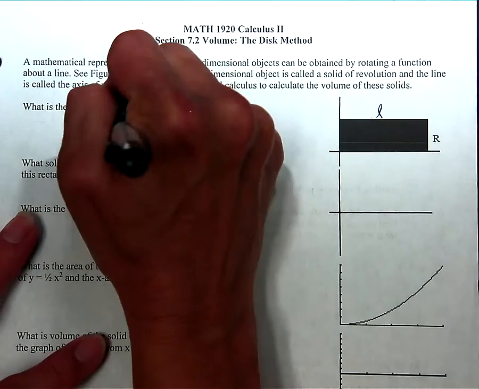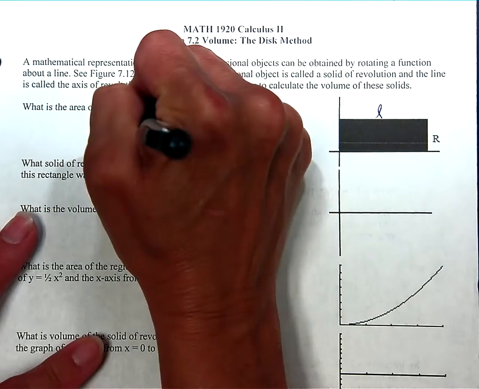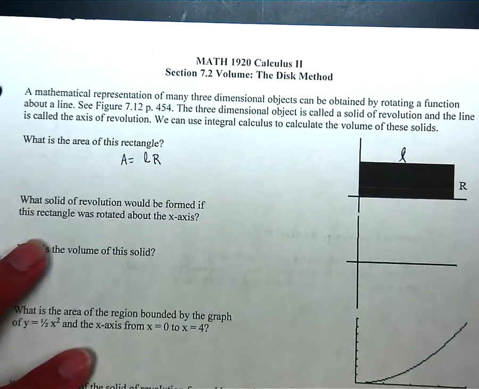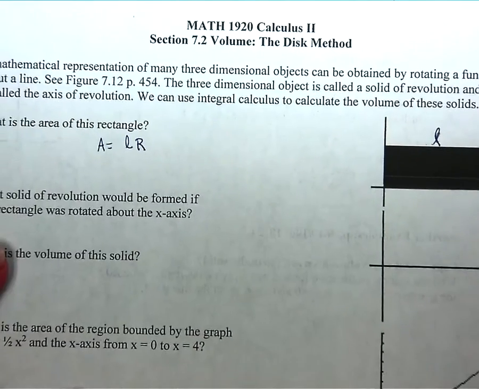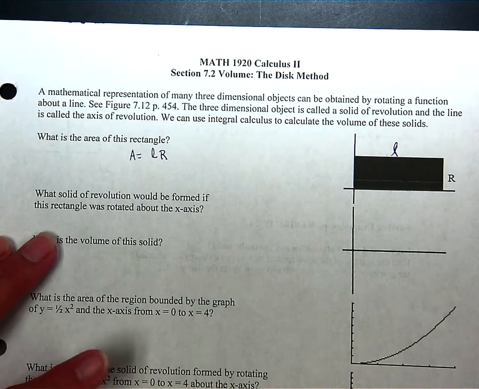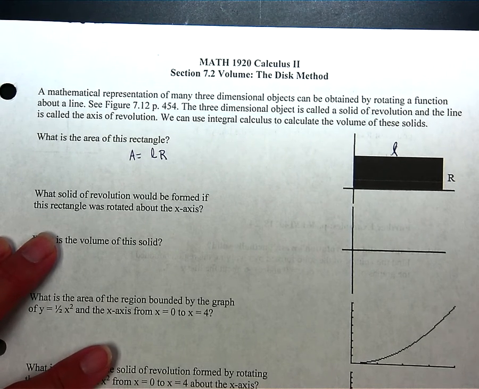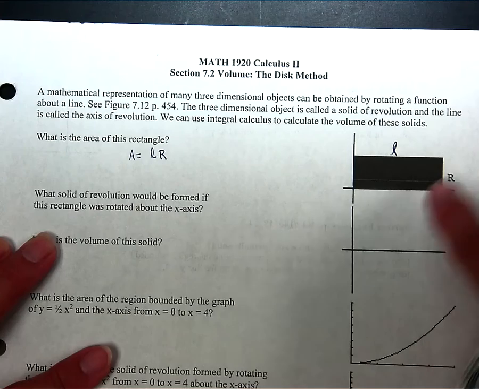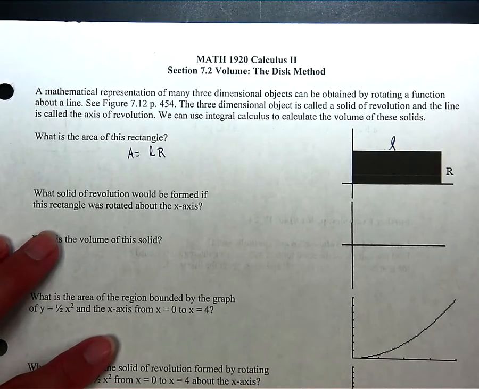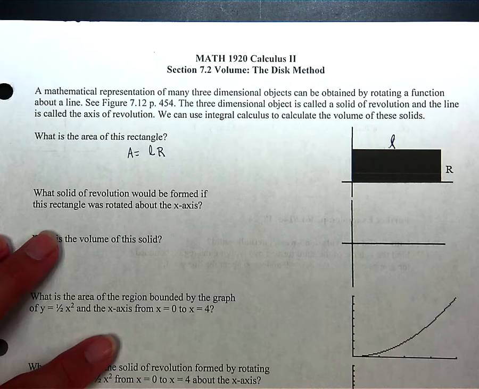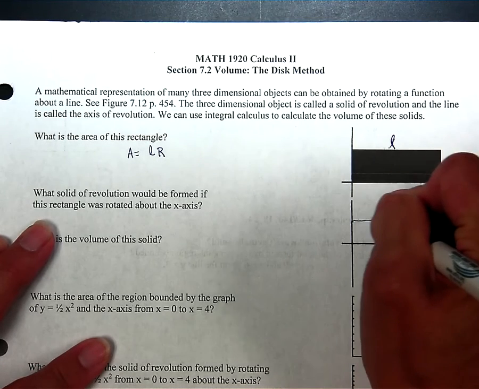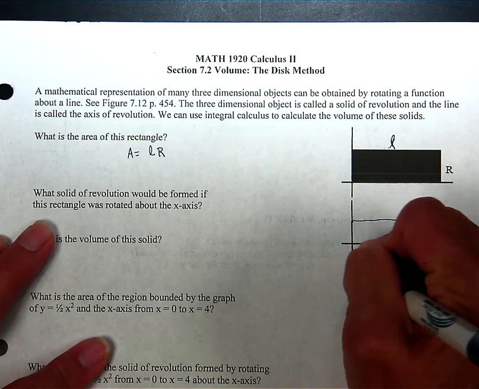The area of that rectangle is length times width, which is the width with R. Don't know why. Maybe I'll know why in a few minutes. But area is length times width. And what solid of revolution would be formed if that rectangle was spun around the x-axis? Now, this was one of my greatest weaknesses in Cal 2.